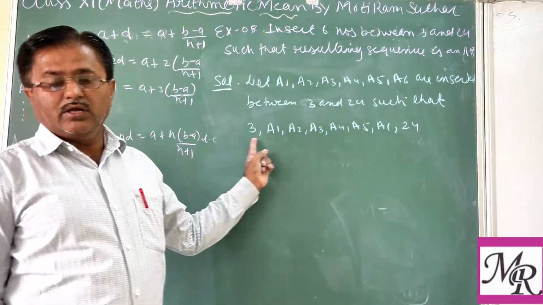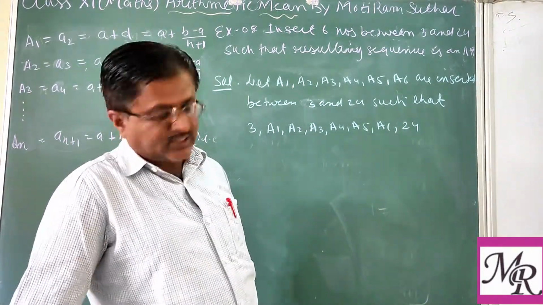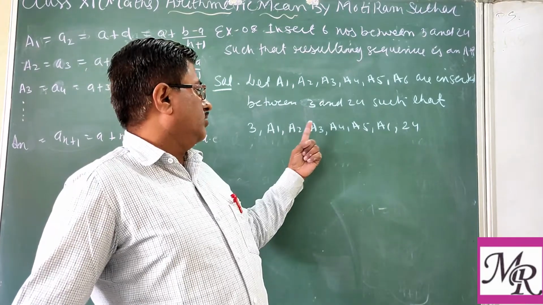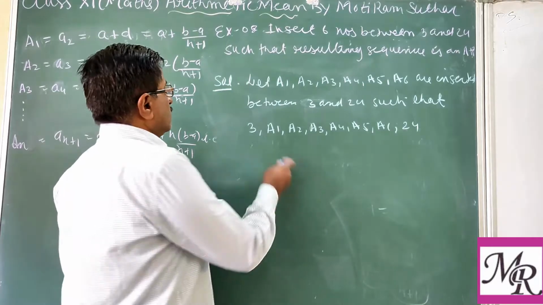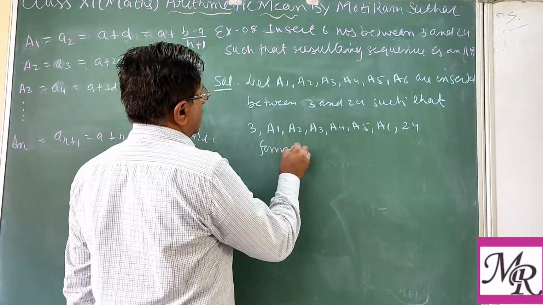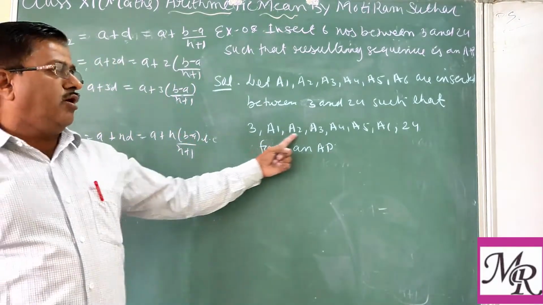Between 3 and 24 we have to insert 6 numbers A1 to A6. So this forms an AP.